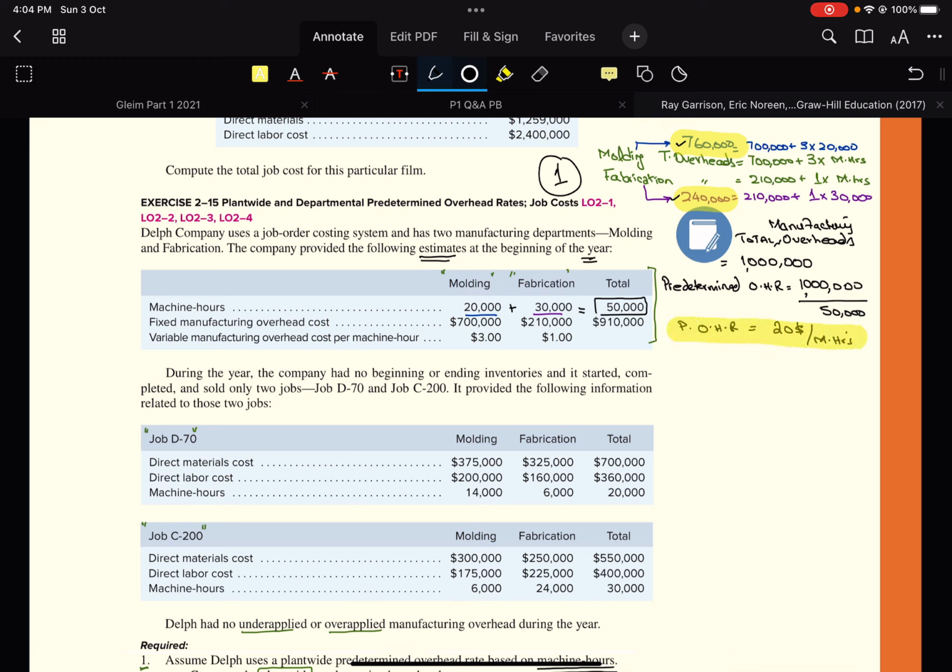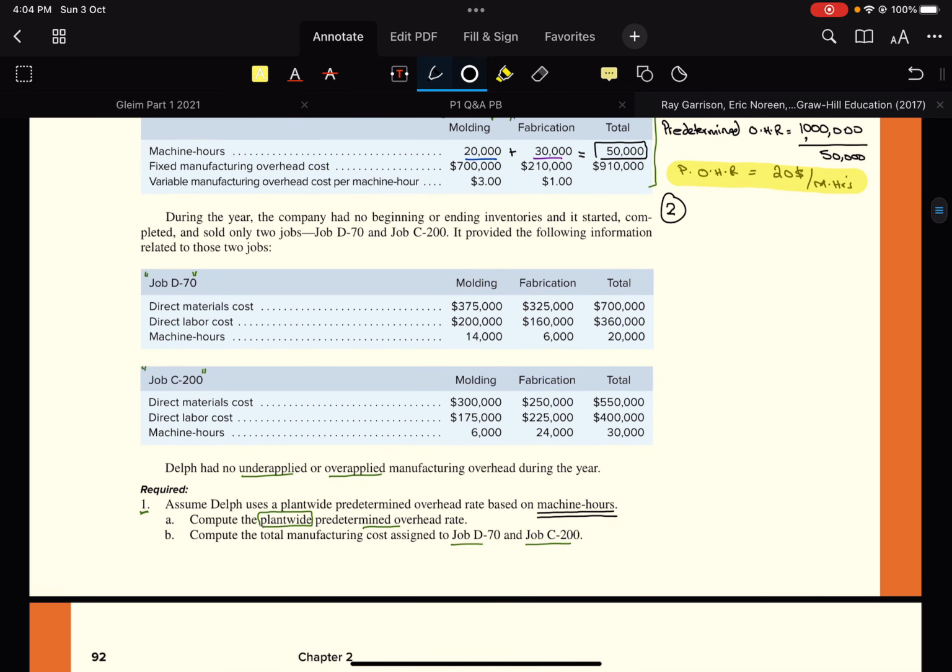Continuing to part number 2, compute total manufacturing cost assigned to job D70 and job C200. So for job D70, costing is going to be as below. The first thing is direct material.